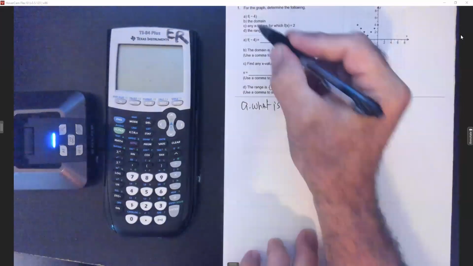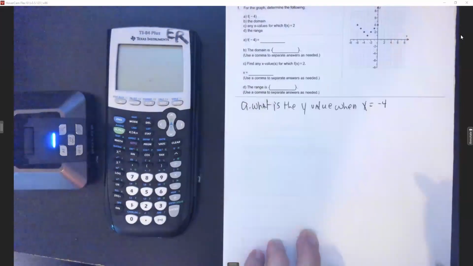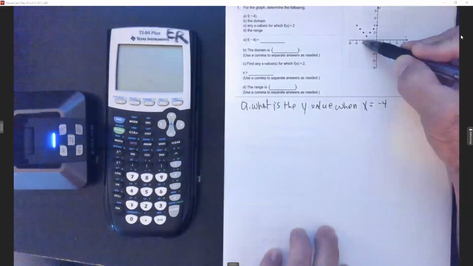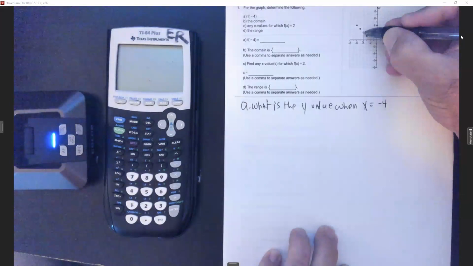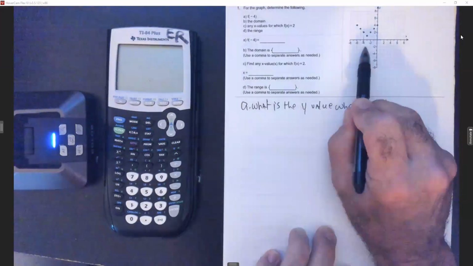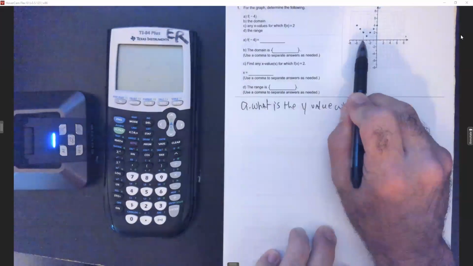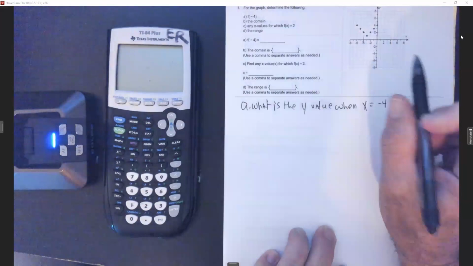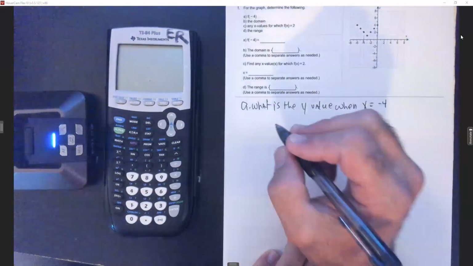So what we need to do is find the -4 on the x-axis and then go straight up to the point and see what that y value is. So I'm at -4, I find my point, and it looks like that y value is +2. So f of -4 would be 2.